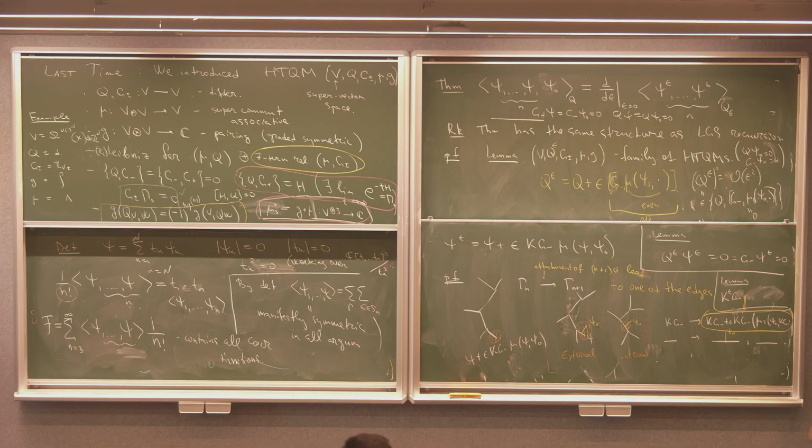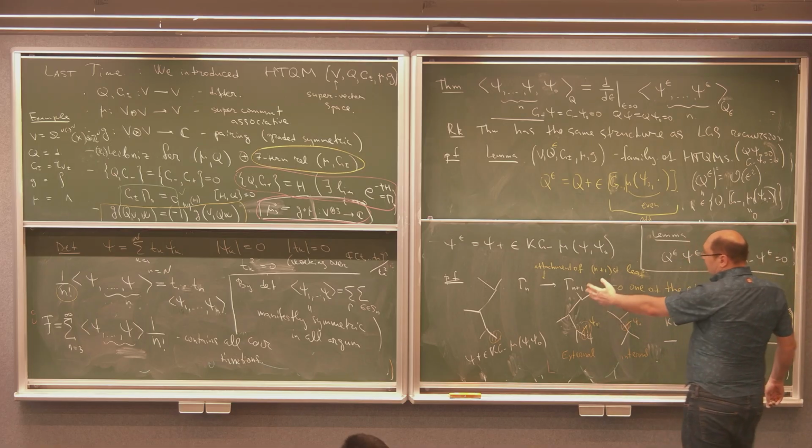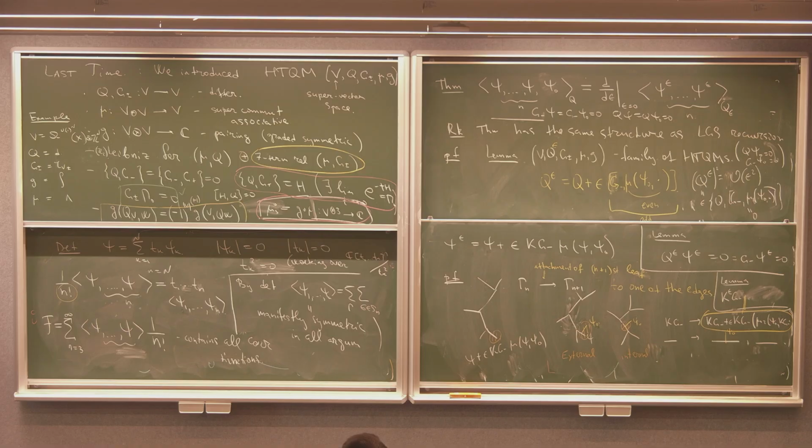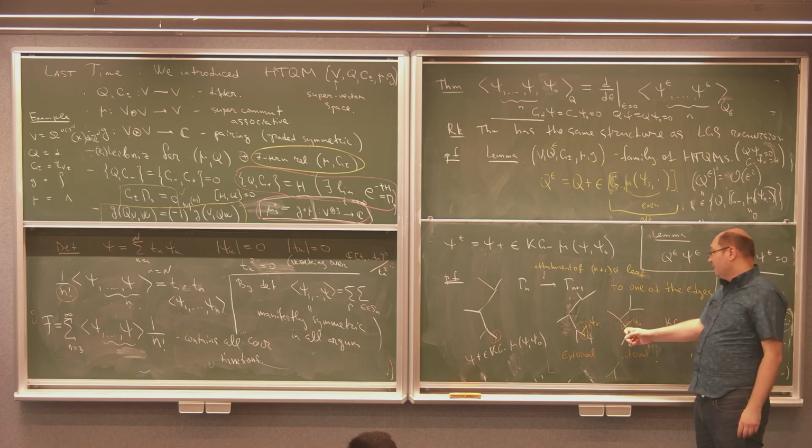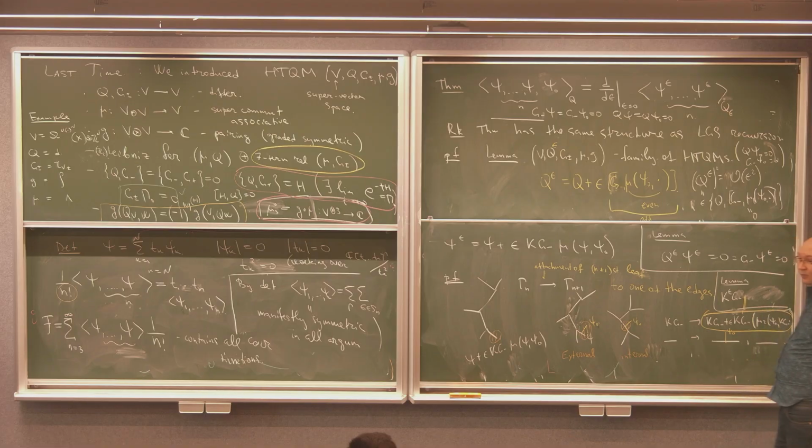And once again, we have many internal edges, but because we are working only in linear order in epsilon, there is no problem in deforming each of the internal edges. So the correlation function where all internal edges are deformed in linear order in epsilon would be precisely given by a sum of terms where we deform only one internal edge.